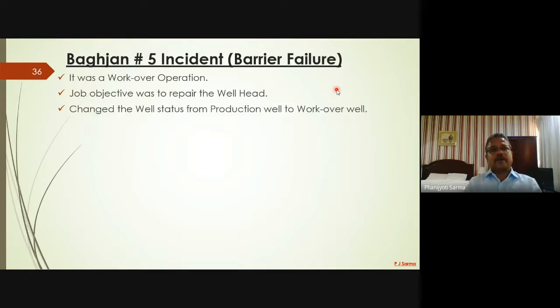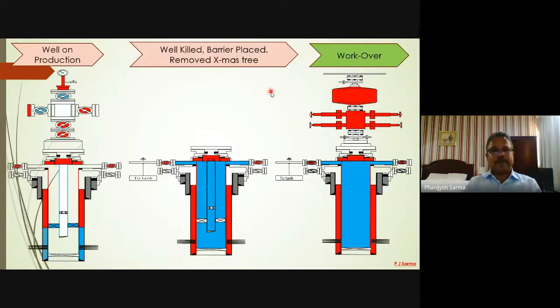So they had to change the well status from the production well to the workover well. Now, what do I mean by that? This is a production well, so the status is production well, and this is the workover status. So this needs to be changed to this status by doing the process in between.